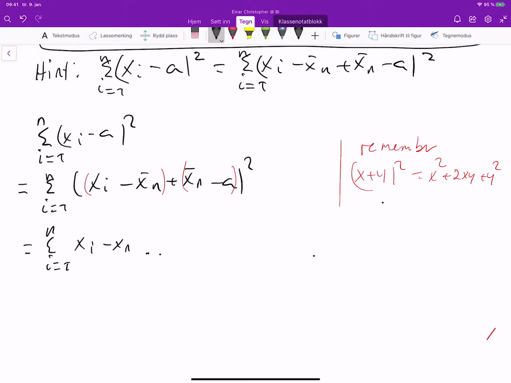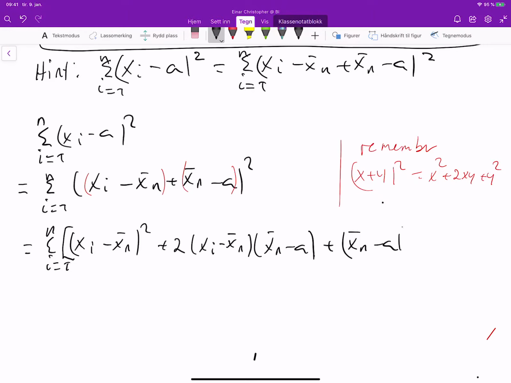(xi minus x bar n) to the power of 2 plus 2 times (xi minus x bar n) times (x bar n minus a) plus (x bar n minus a) to the power of 2.